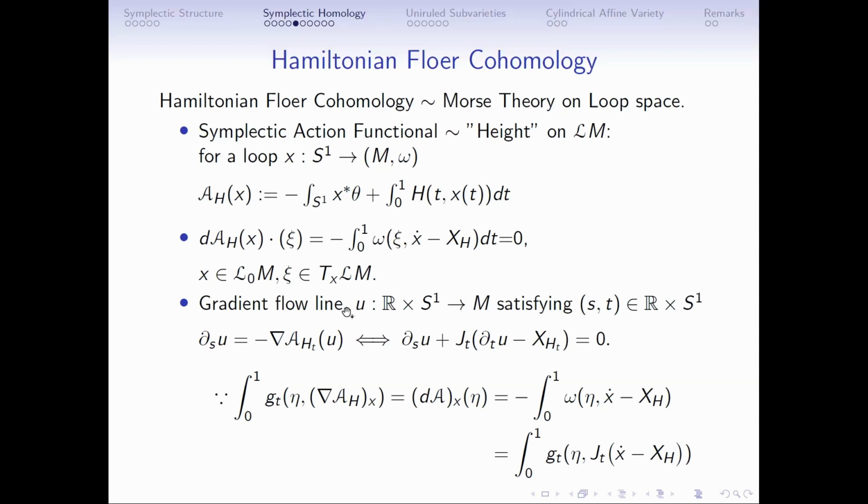And consider on the space of loops the L2 metric coming from integration. Then the corresponding negative gradient line connects two critical loops, and just imagine it should be a cylinder connecting two loops. But we need to solve the equation.